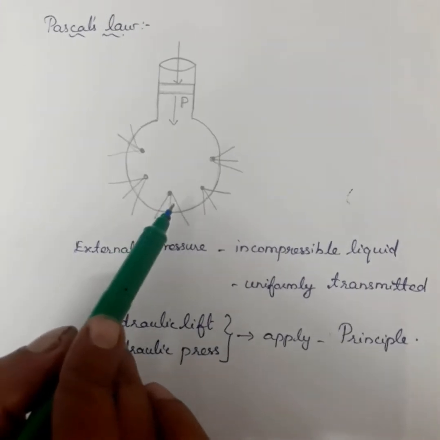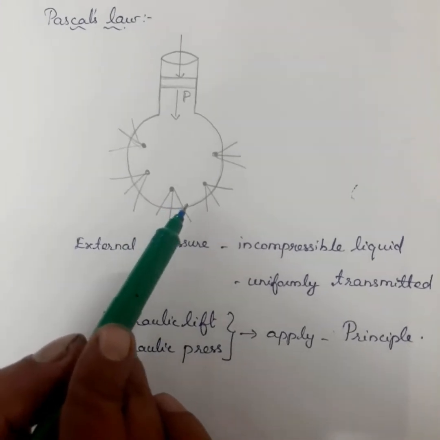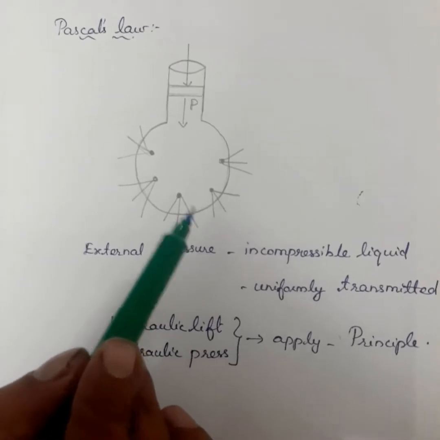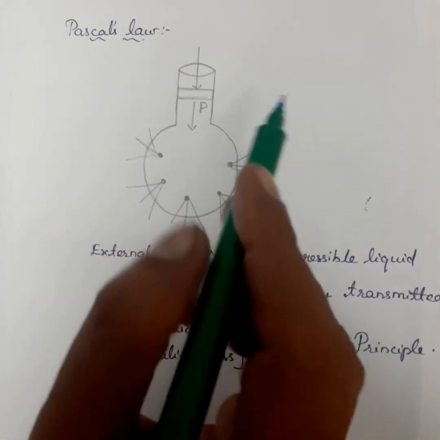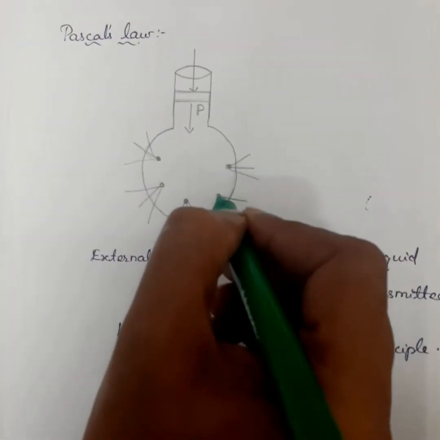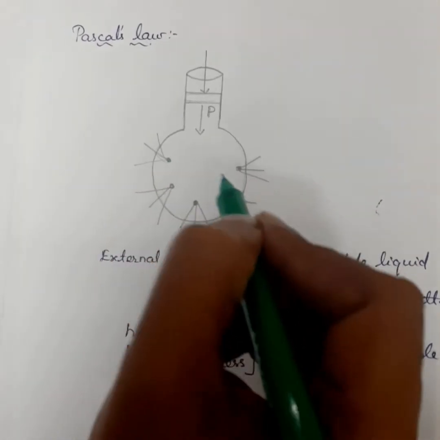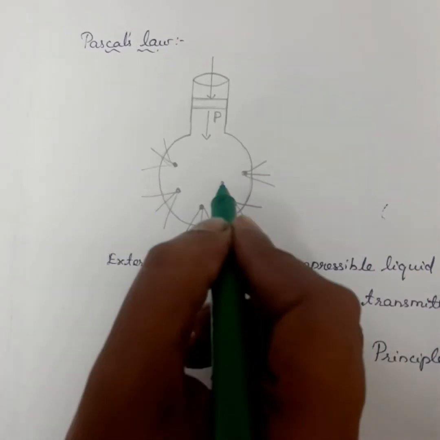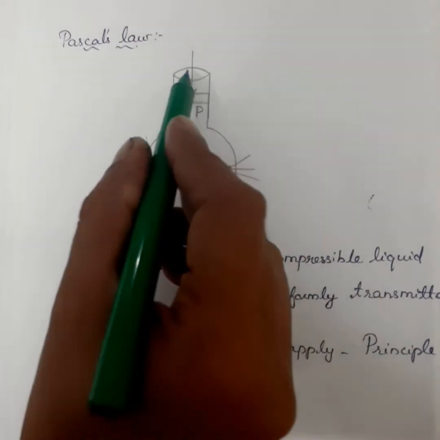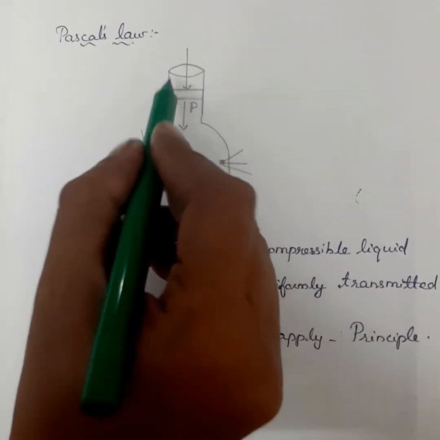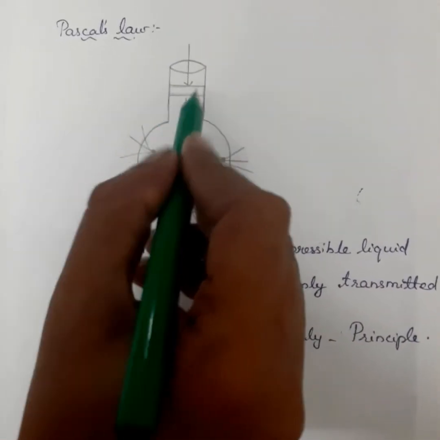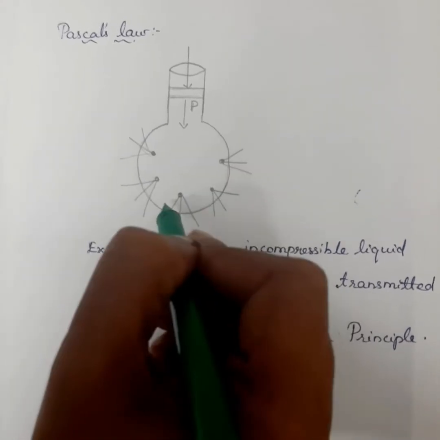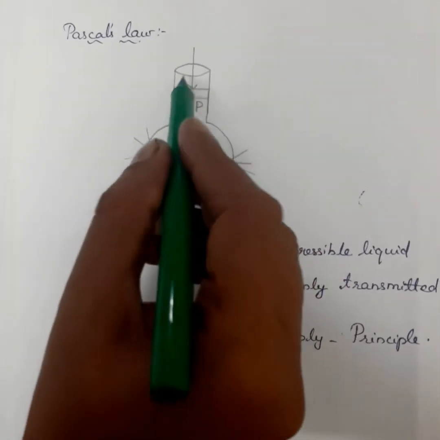Okay, so Pascal's law can be demonstrated with the help of a glass vessel. It has holes all over its surface. Now attach a piston to the glass vessel. It is filled with water. Now you push the piston.